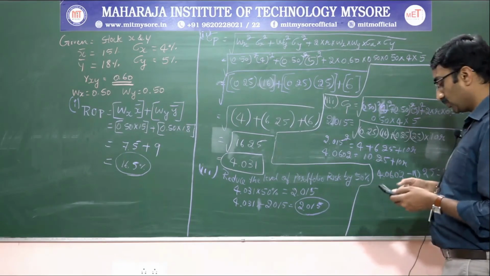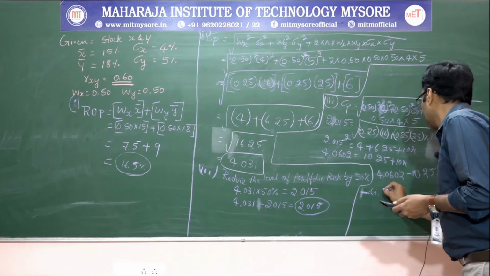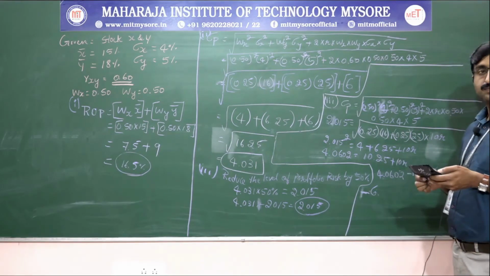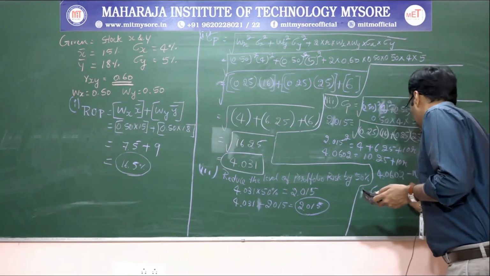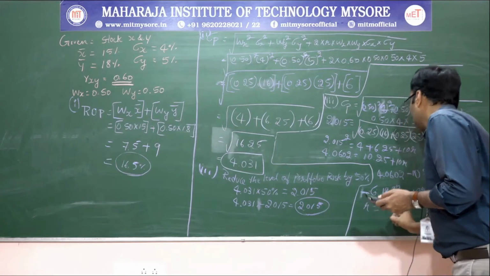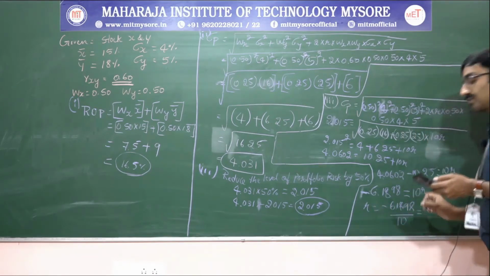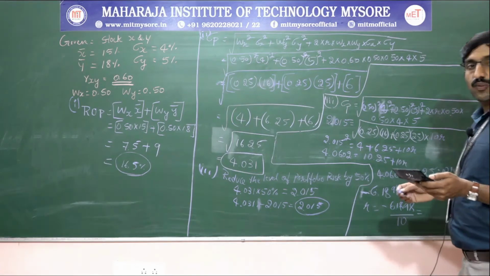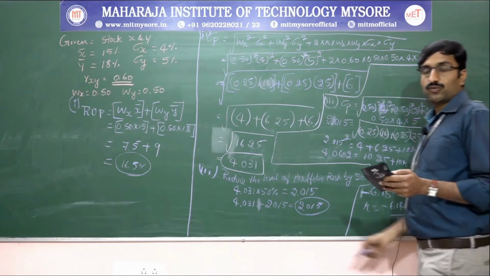So, then minus of this one, you will get minus 6.1898, okay, that is equal to 10 R. So, R is equal to minus 6.1898 divided by 10, you will get minus 0.618. Okay, this is the value of R.